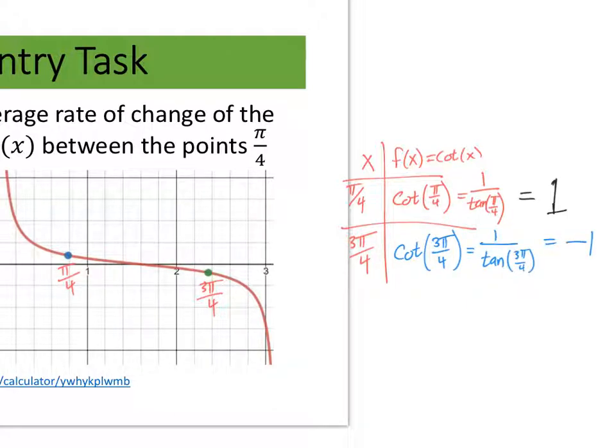And that looks right, because 1 for pi over 4 is up a little bit, and for 3 pi over 4, my output is -1, and it's below the x-axis. That makes sense.